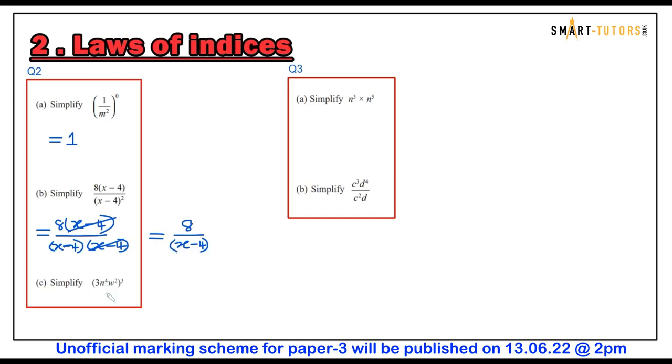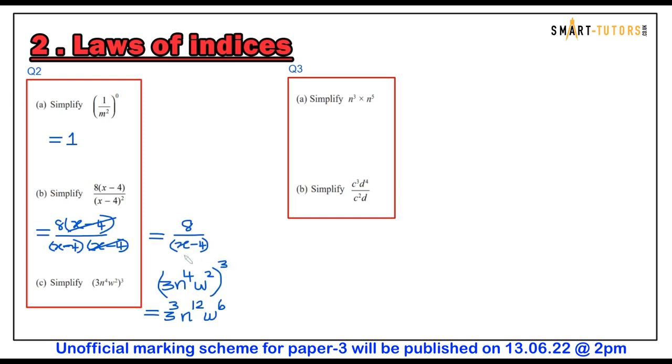The next one, C part, simplify 3n^4 w^2 to the power 3. So that means 3 to the power 3, n to the power 4 times 3 is 12, and w to the power 2 times 3 is 6, right?